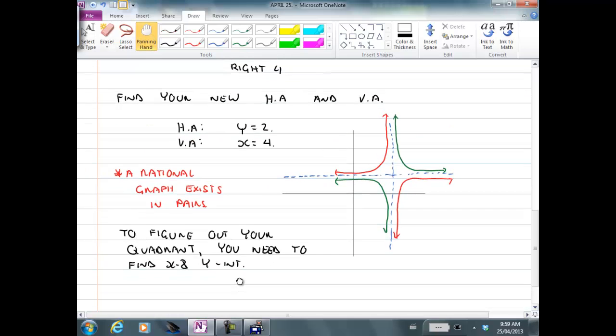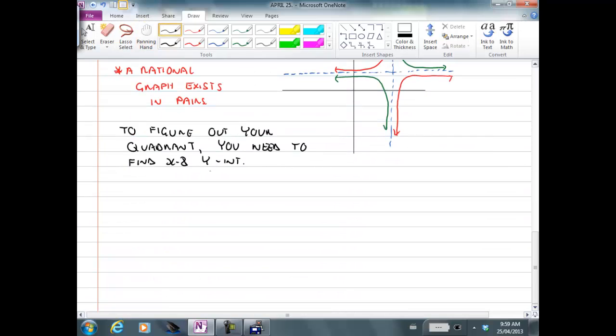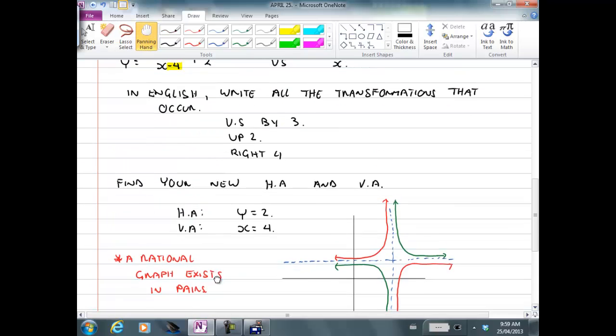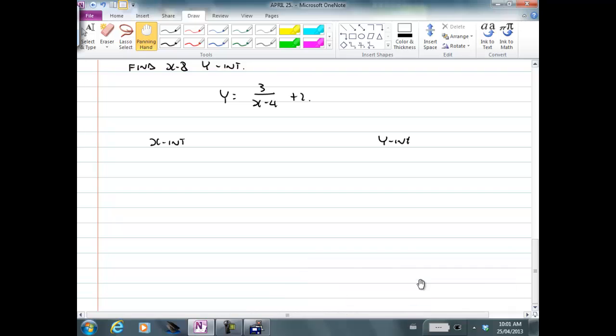I'm going to pause it and let you have some fun figuring out your x and y-intercept. So this is y equals 3 over x minus 4 plus 2. Find my x-intercept. Find my y-intercept. Once you have your x and y, if it's an x-intercept, y must be what?